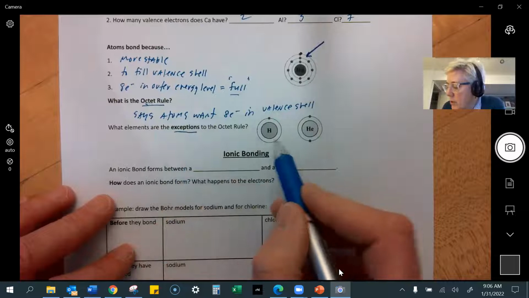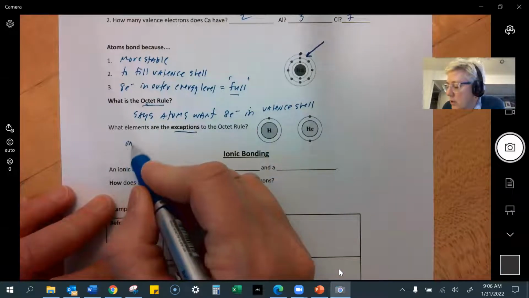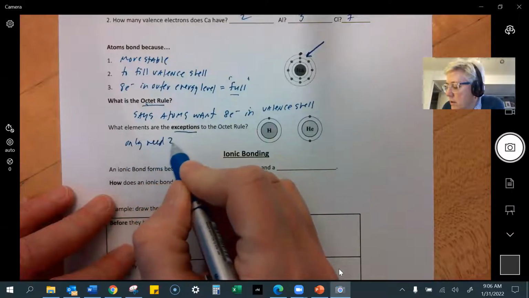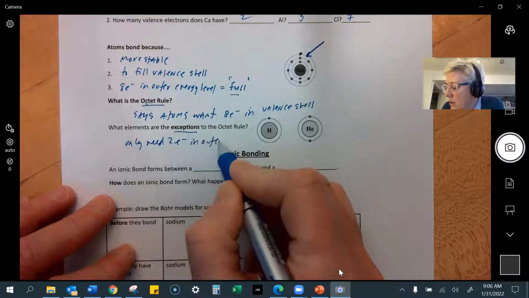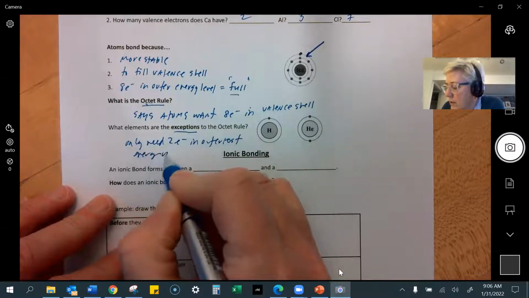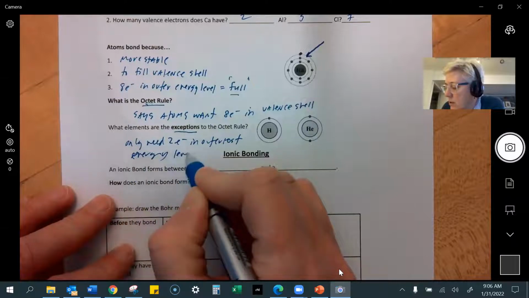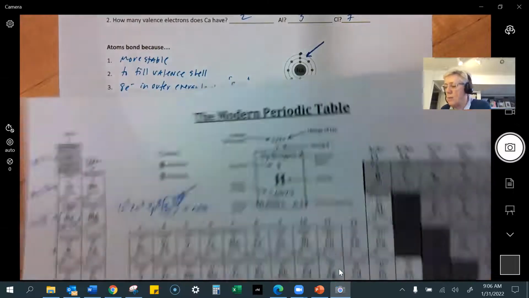Exceptions to the octet rule are hydrogen and helium. They only need 2 electrons in their outermost shell, outermost energy level, to be considered full, because they only have 1 energy level.